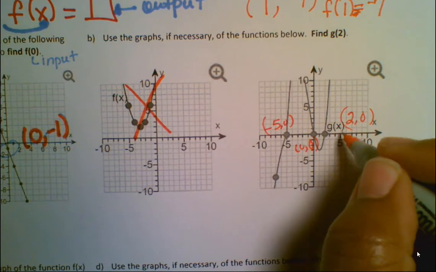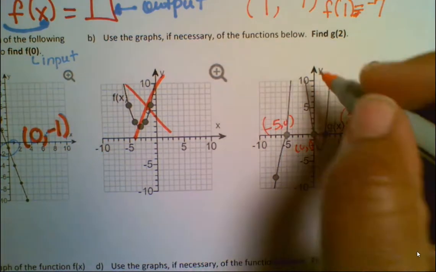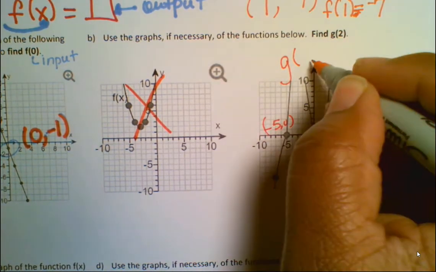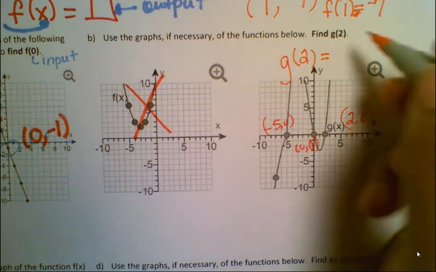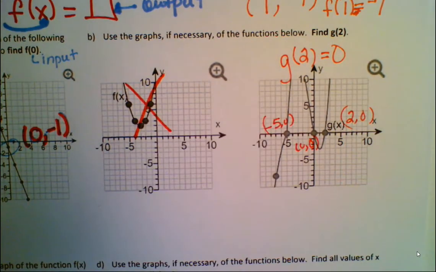And if it has an input value of 2, what will be the output, the y value? So we're saying g of 2 is equal to 0. So input values are given here. Let's look at the next example, C.